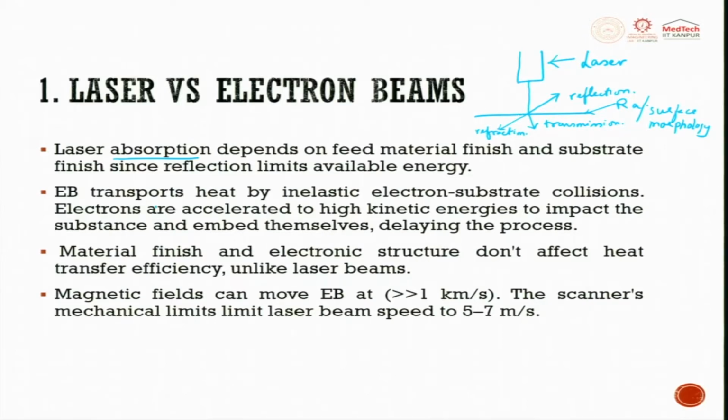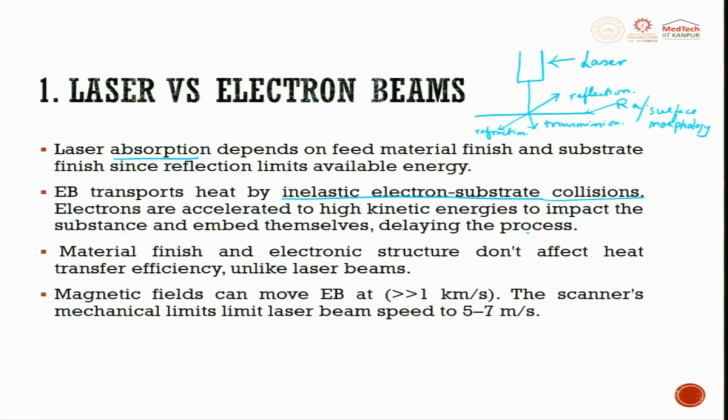So, the electron beam transports heat by inelastic electron-substrate collision. It just hits the surface and penetrates the surface. The electrons are accelerated to high kinetic energies to impact the substrate and embed themselves.